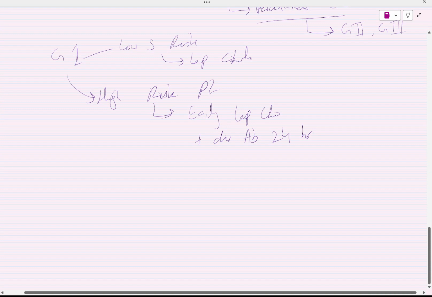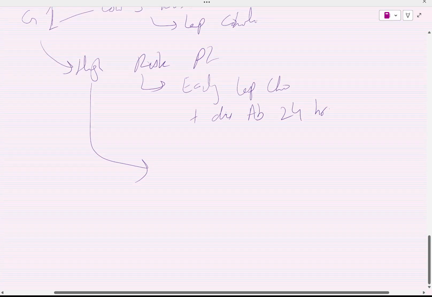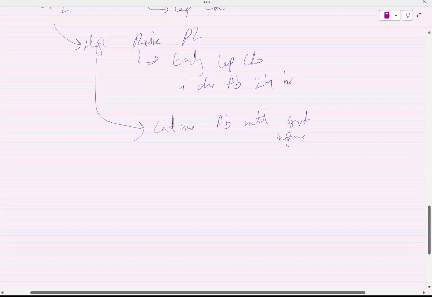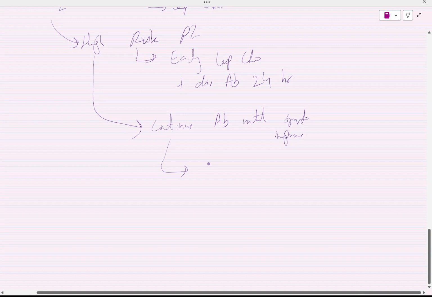Or you can give a conservative approach in a high risk patient: continue giving antibiotics until symptoms improve, and then we will arrange interval cholecystectomy.